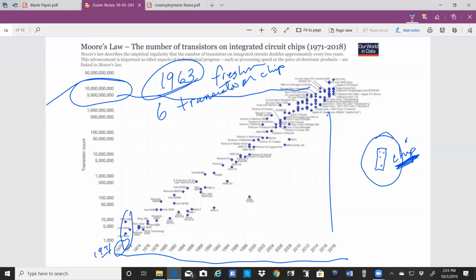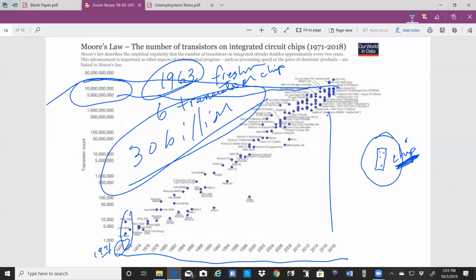So right now, on the very best computer, it's probably going to be about 30 billion. And folks, because of the exponential growth, that's why you have a cell phone that is so small. That's why you have a GPS in there that used to take up a whole room full of equipment.